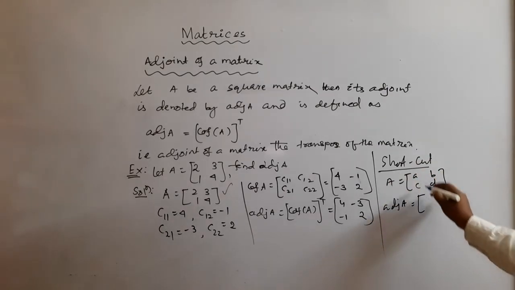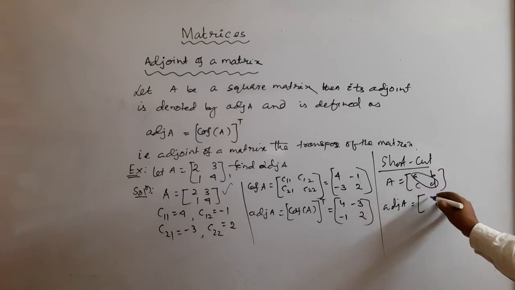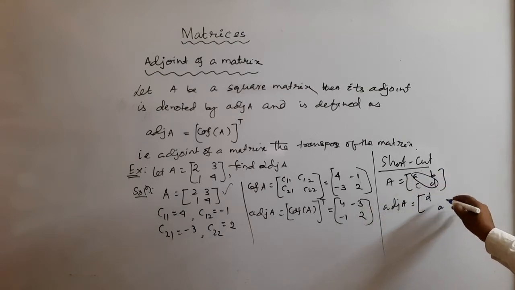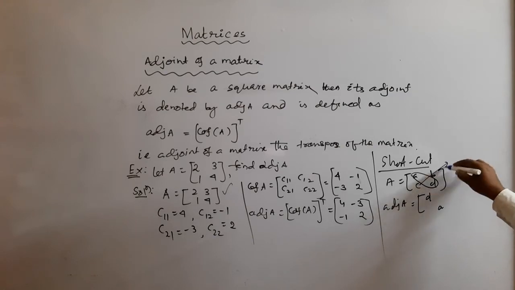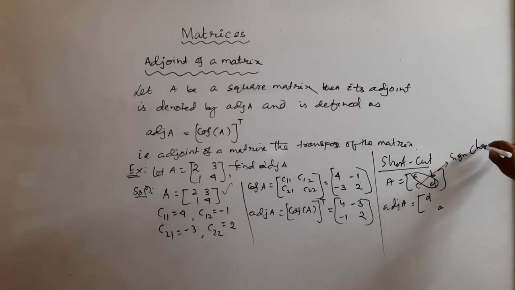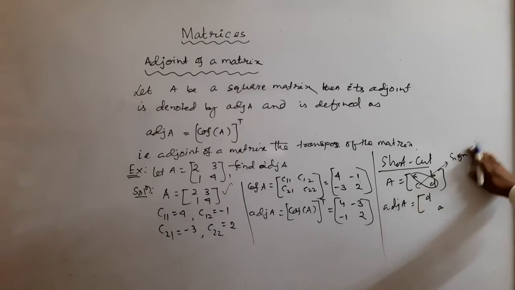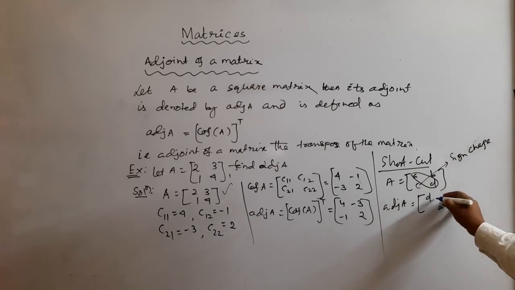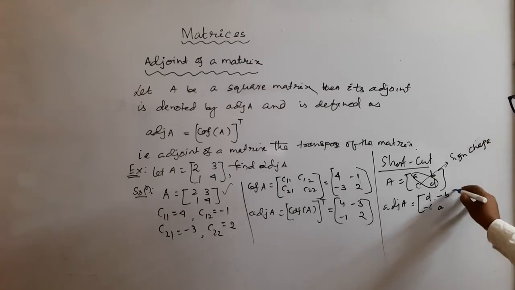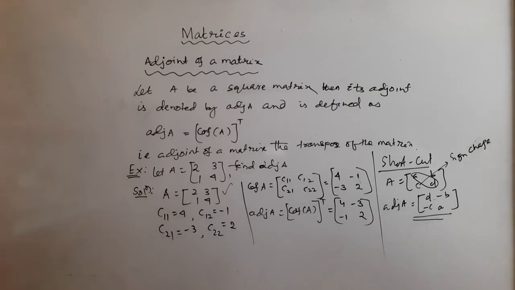Interchange the diagonal entries, so this is d and this is a, and for the other diagonal only the sign changes. So here we have d, minus b, minus c, and a. This is the trick to find the adjoint of a matrix of order 2 only.